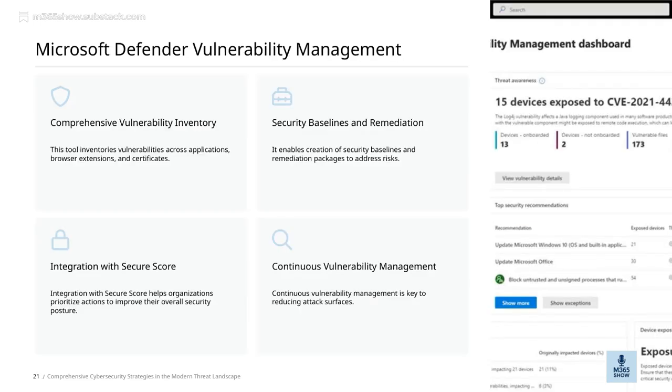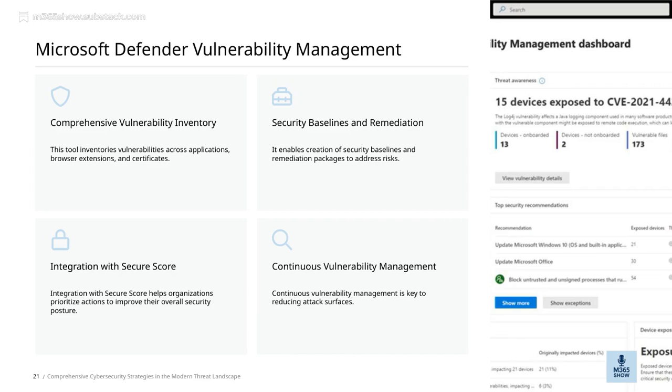Now, let's talk about how Microsoft Defender Vulnerability Management supports comprehensive cybersecurity strategies in today's complex threat landscape. The key here is continuous vulnerability management. This approach is essential because it helps us constantly identify and reduce attack surfaces, making it harder for threats to find a foothold.